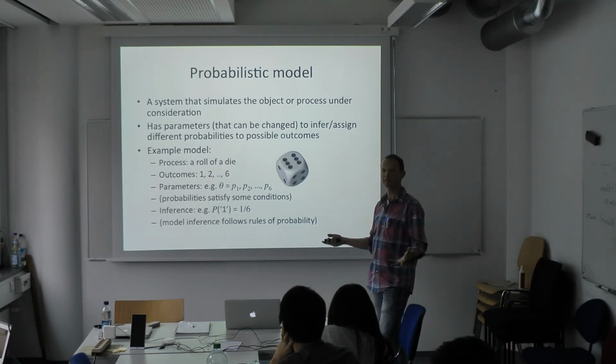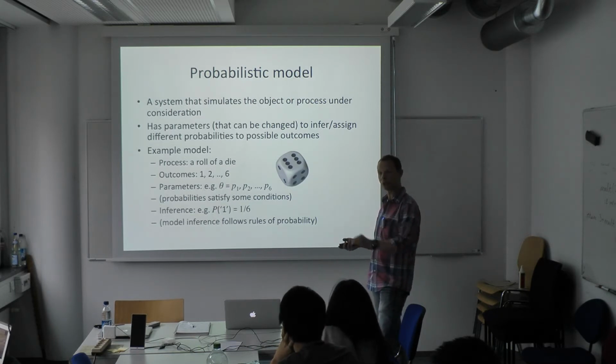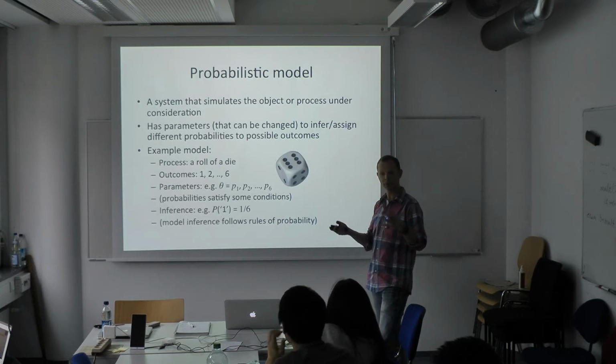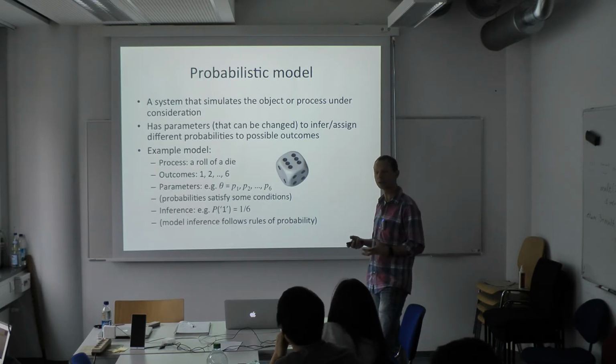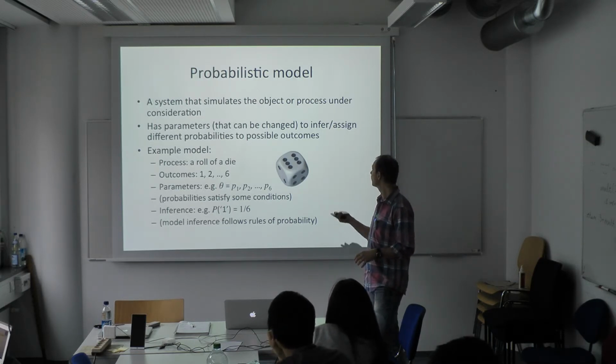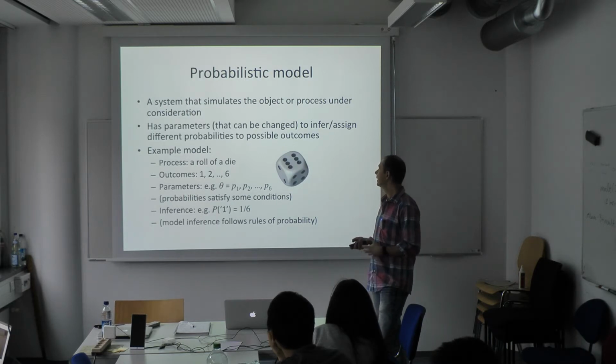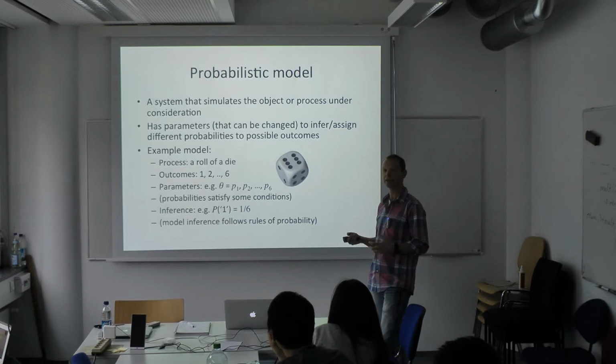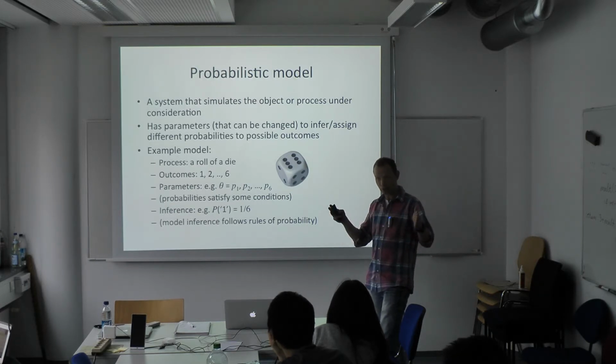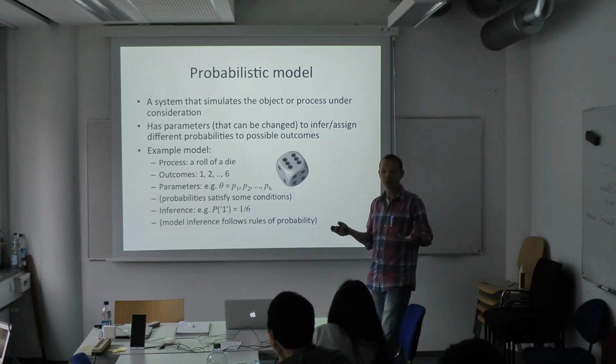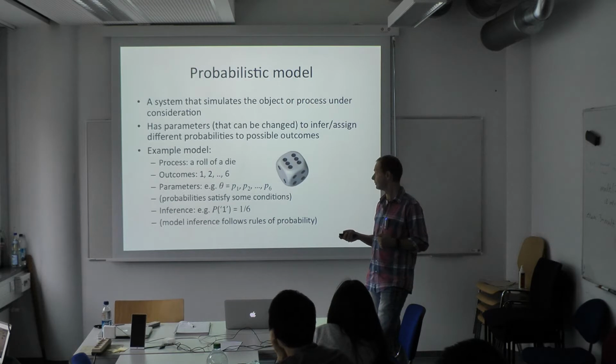In the simplest case, we might have a probability associated with each of those outcomes, but there might be some more complicated scenarios that we'd like to consider. Probably not for a die, but anyways. Of course, when we're dealing with probabilities, we have a number of constraints to fulfill, that they need to add up to 1, for instance, and they're never negative.